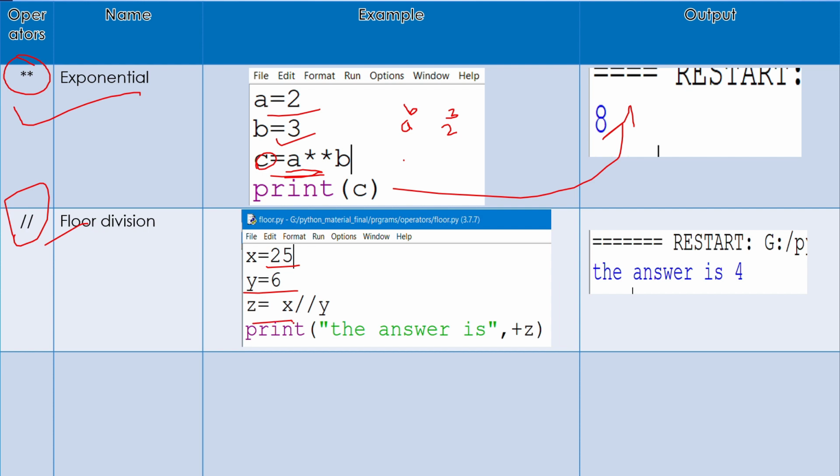Z is equals to X double forward slash Y. Print the answer is Z. The answer is 4. This gives the value only in integer. It rounds down the value for you. Like if you are getting 4.5, 4.2, 4.3, it will give you 4, 3 will give 3, 2 will give 2. Let us consider an example of floor division practically.